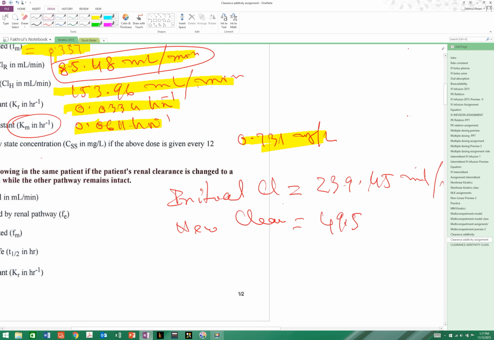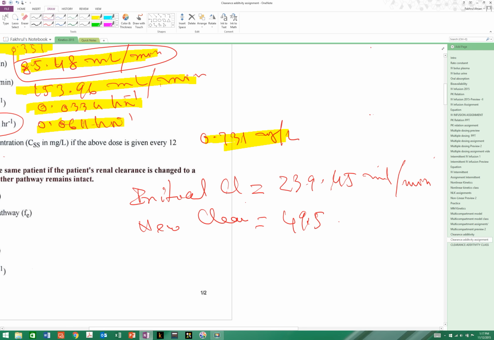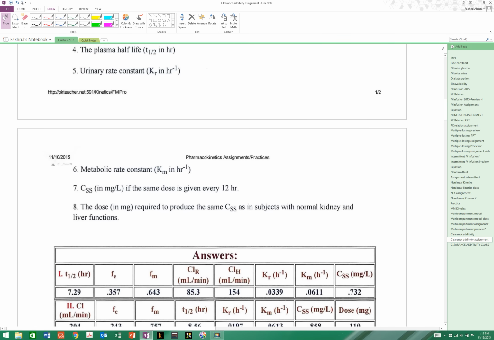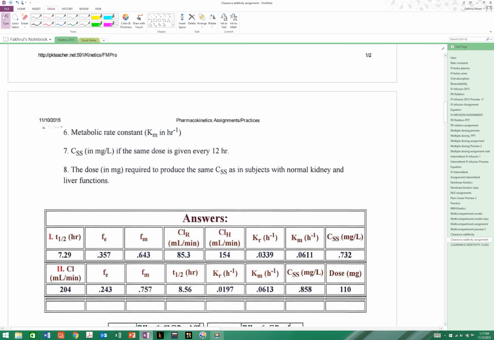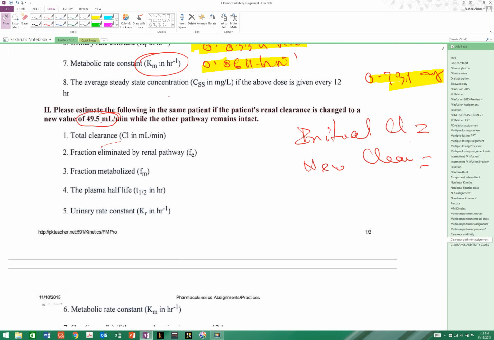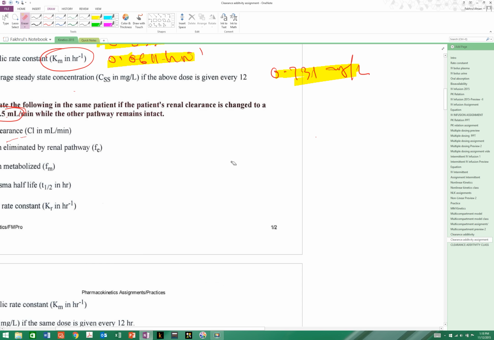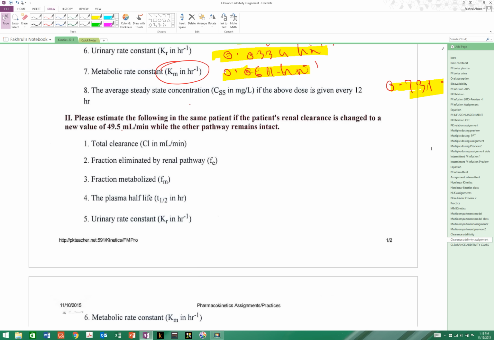Remember, this clearance is also milliliter per minute. Based on this change in clearance, we have to calculate the rest of the parameters. The only thing that has changed in this patient is clearance.